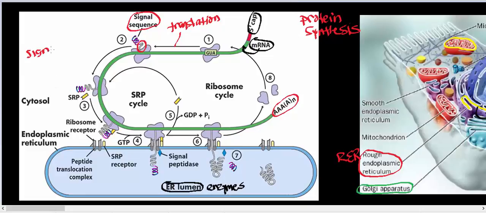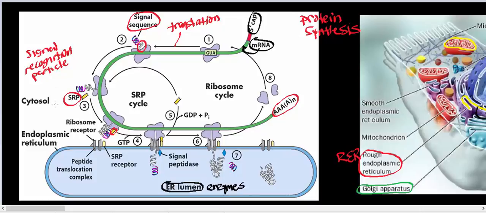This SRP is called a signal recognition particle. And the signal recognition particle, notice, will attach itself to the ribosome. So there's a binding site on the ribosome for the signal recognition particle, or SRP, to attach itself.